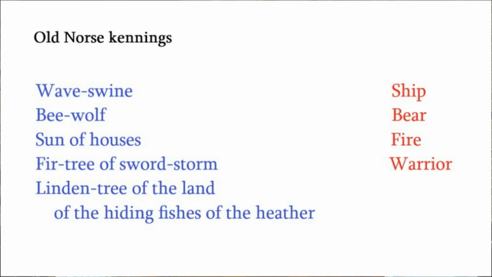The land of the hiding fishes of the heather is gold, because it was a folk belief that gold is guarded by snakes. Now the linden tree of the land of the hiding fishes of the heather, that is the linden tree of gold, is a lady adorned with gold, because a linden tree was a standard image for a lady, like a fir tree is a standard image for a man.